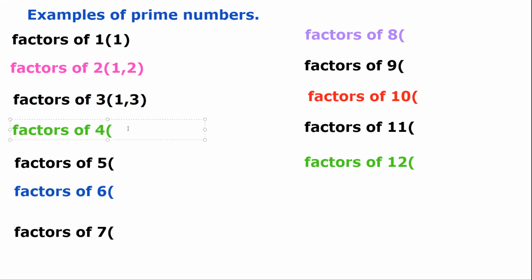Factors of 4: 1 can divide 4 equally, 2 can also divide 4 equally, 3 cannot, but 4 itself can also divide 4 equally. Then factors of 5: 1 can divide 5, 2 cannot, 3 cannot, 4 cannot, 5 itself can divide 5 equally.